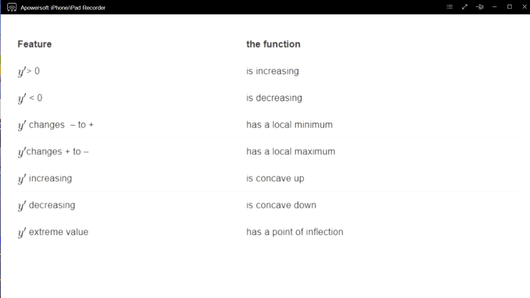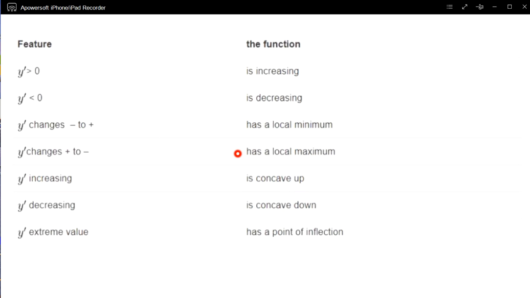All right, so we have a summary here of just some things to pay attention to. Anytime your derivative is positive, which means greater than 0, your function is going to be increasing. Whenever your derivative is negative, your function is decreasing. In order to get a local minimum, y prime will change from negative to positive.